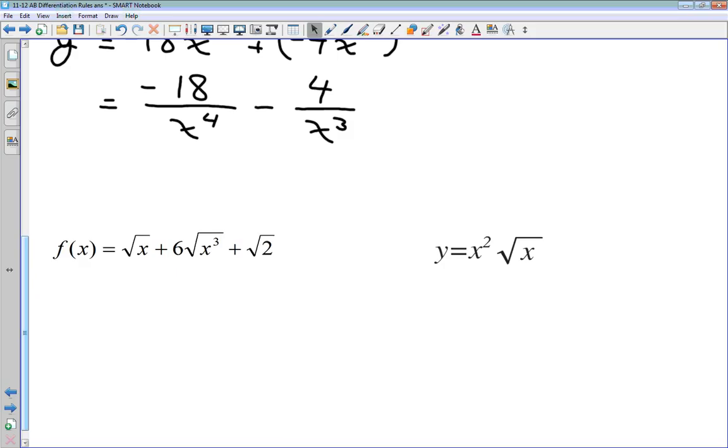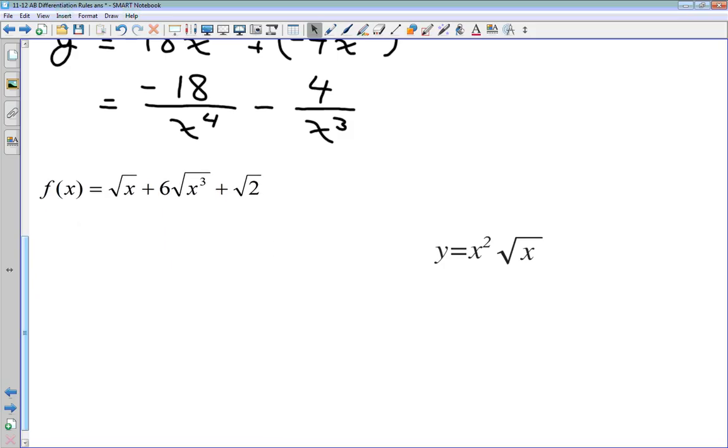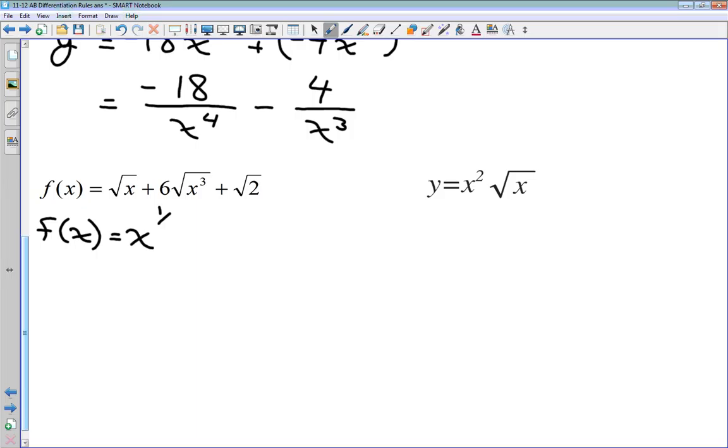Our next example here, f of x equals root x plus 6 root x cubed plus root 2. So again, we want to rewrite our function, making it clear what the exponents are. So square root of x, well, if we're taking the square root, that's equivalent to having an exponent of 1/2 on x. 6 is going to be our coefficient.